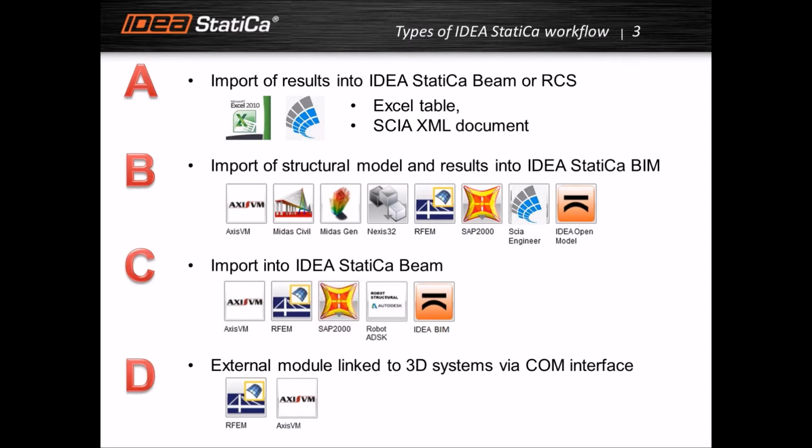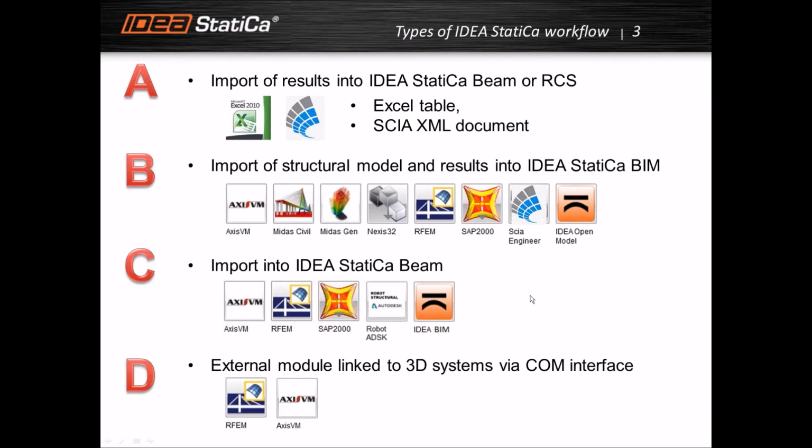A second type is import of structural model and also results into IDEA StatiCa BIM. You can see all the programs which we support in IDEA StatiCa prestressing and IDEA StatiCa concrete. Third type, C, is the direct import, I would say, into IDEA StatiCa BIM.